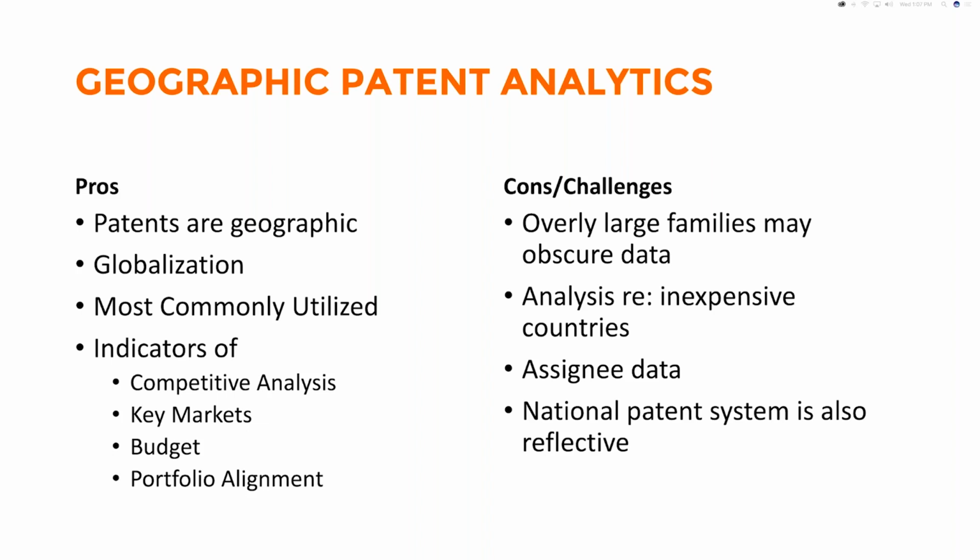Is one of the big areas, because people can obscure things. Assignee data is also not really as crystal clear in international filings as you'd like it to be, because in many cases they don't update assignee changes. You're still stuck with kind of an original filing individual.